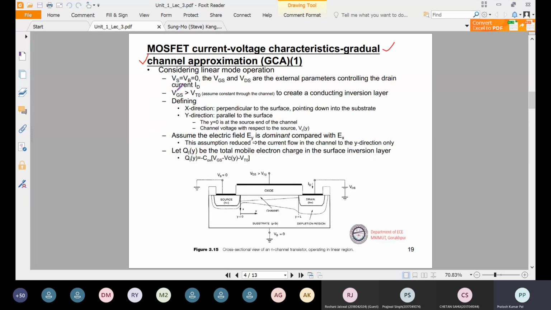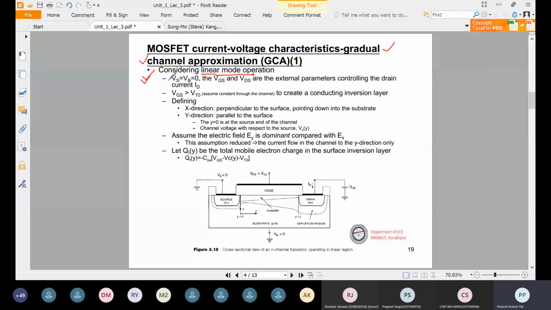So here, to analyze the gradual channel approximation, we will consider a MOSFET working in linear operation mode. This is just to derive the current driven by the drain terminal of a MOSFET.